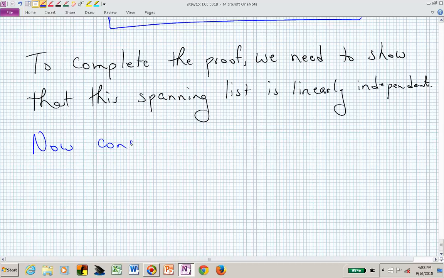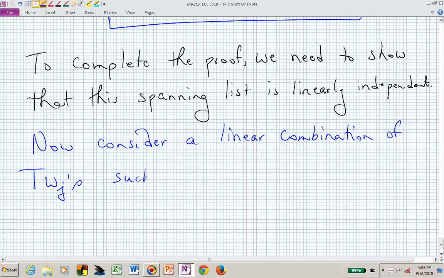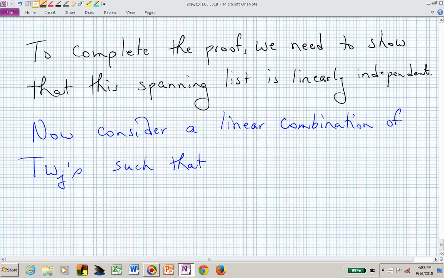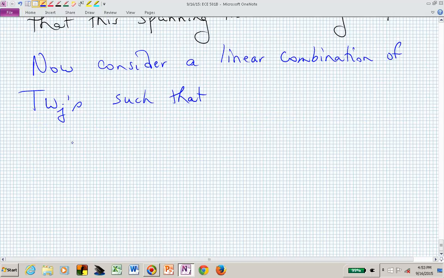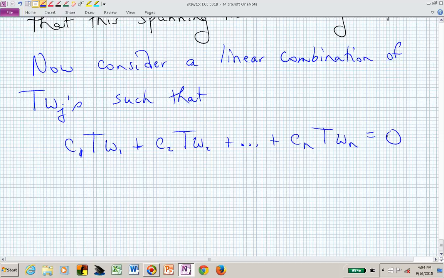Now consider a linear combination of these TW sub j's. And it's going to be a special linear combination. It's going to be such that C1 TW1 plus C sub 2 TW sub 2, etc., plus C sub n TW sub n is equal to 0.